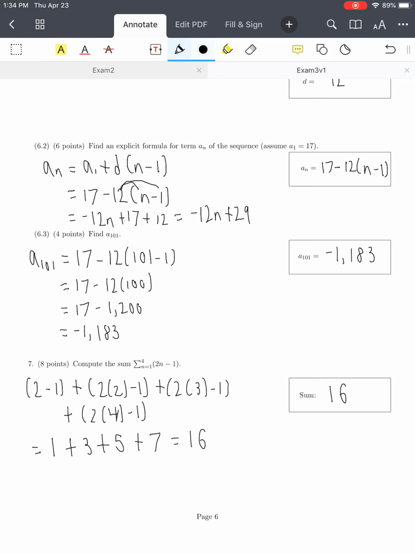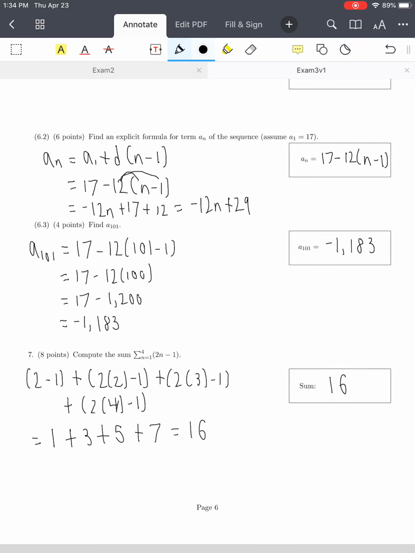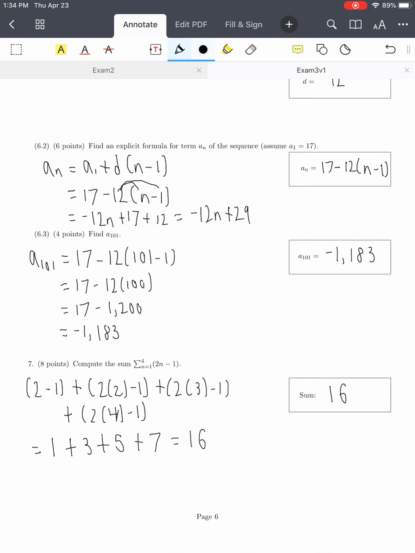Another way we could do it: the summation of 2n minus 1 equals the summation of 2n minus the summation of 1, from n equals 1 to 4.